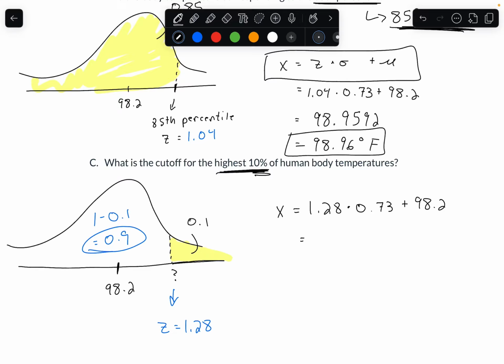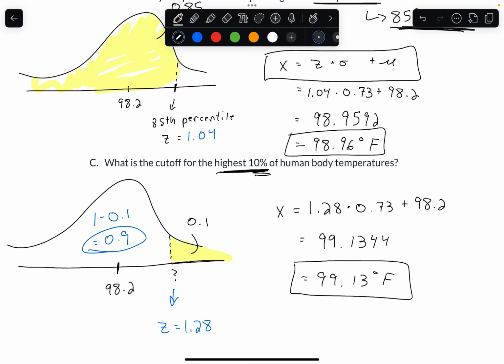So grabbing my calculator one last time, 1.28 times 0.73 plus 98.2, I ended up with 99.1344, or 99.13 if we want to go ahead and round to 2 decimal places. So there's our real world data value.